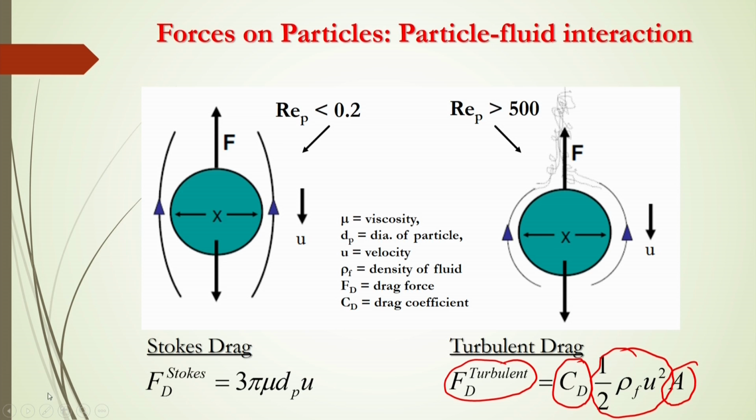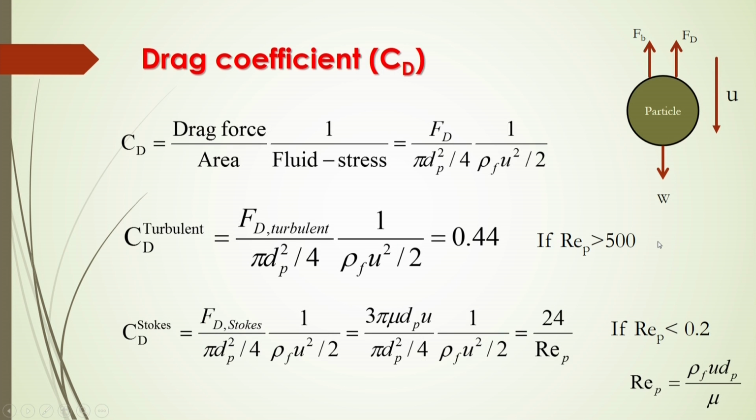More precisely, you can say this drag coefficient is defined as the drag force divided by the projected area, divided by the fluid stress. Here the drag force is represented by Fd, and the projected area is pi dp square by 4, where dp is the particle diameter.